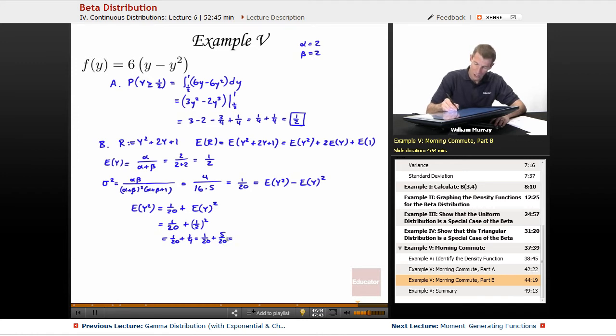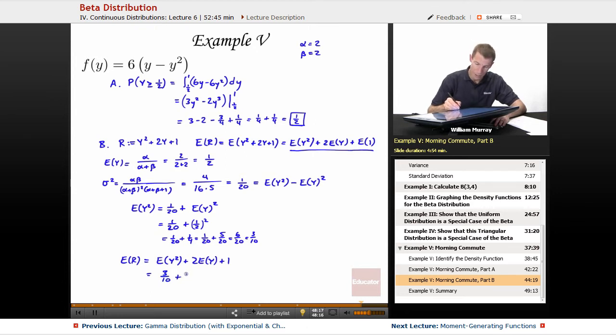So I get here 6/20, and that reduces down to 3/10. And so my rage level, remember I decomposed it into e of y squared plus 2e of y plus e of 1. Now I can solve that. E of r is e of y squared plus 2e of y plus 1. I can solve that. E of y squared is 3/10.